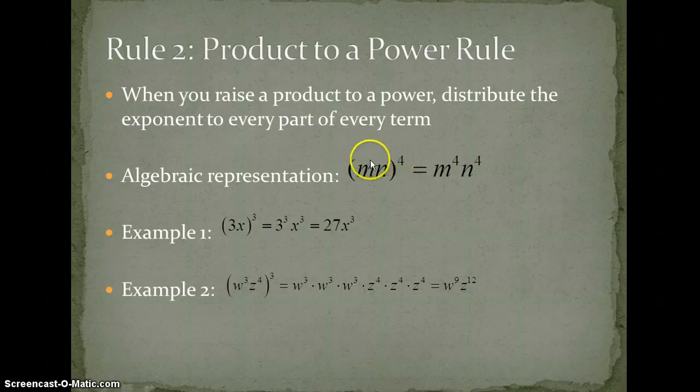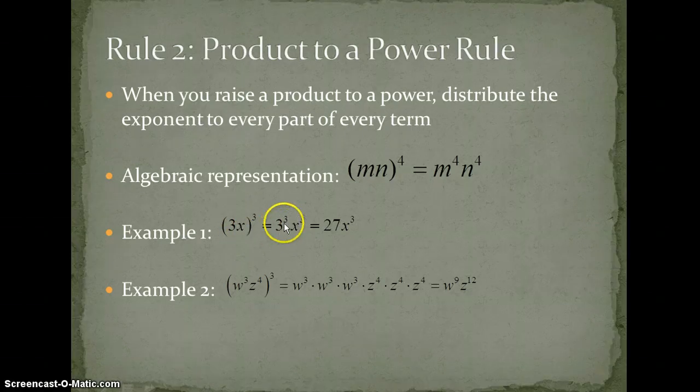So when you pass the 4 out to the m and then pass the 4 out to the n, it becomes m to the fourth times n to the fourth. Here's your example. 3x, quantity raised to the third power. So you distribute that 3 to the 3 and this 3 to the x.